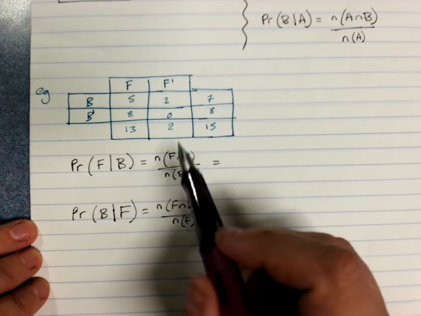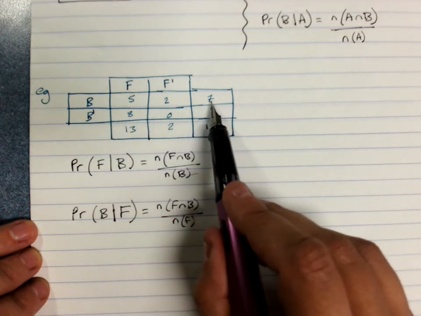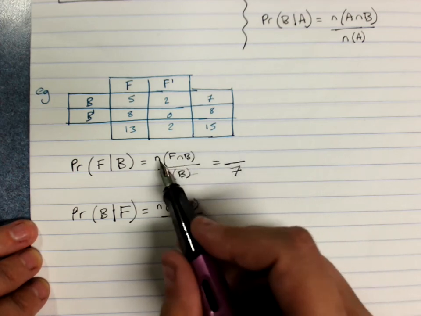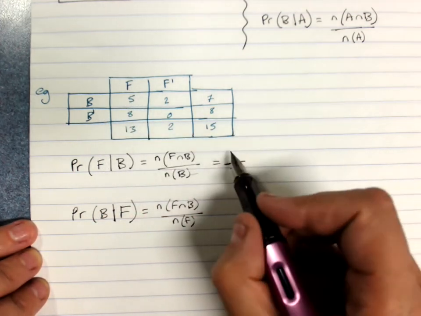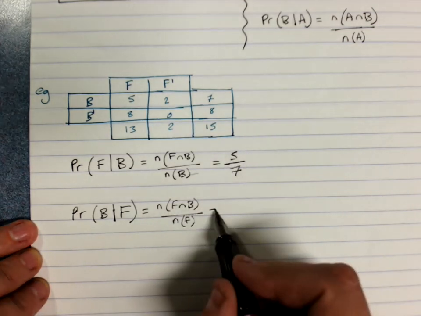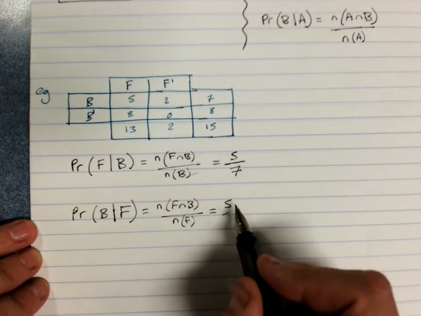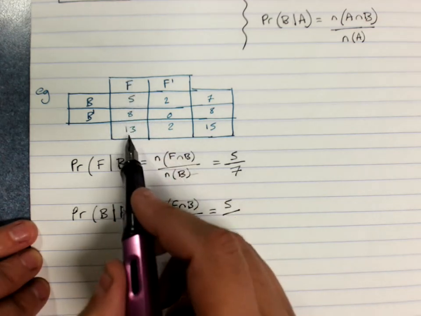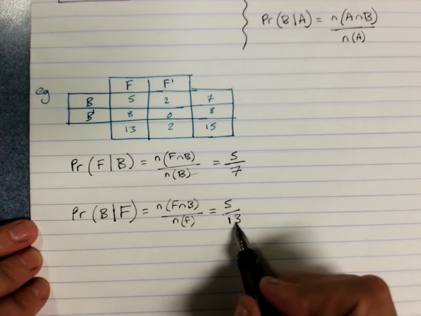The number in set B is of course just the total of B, so this is out of 7. The number in the intersection is both, 5. The intersection is still 5 for this one, but this is now out of F, which is 13.